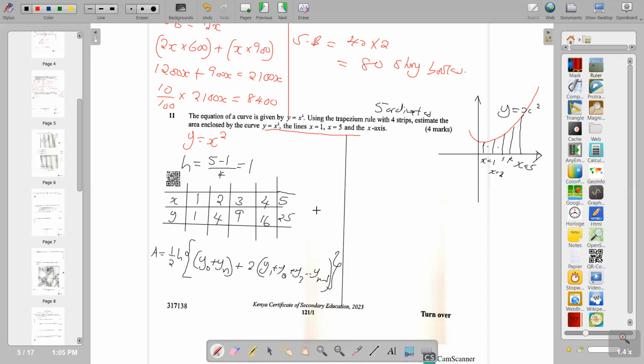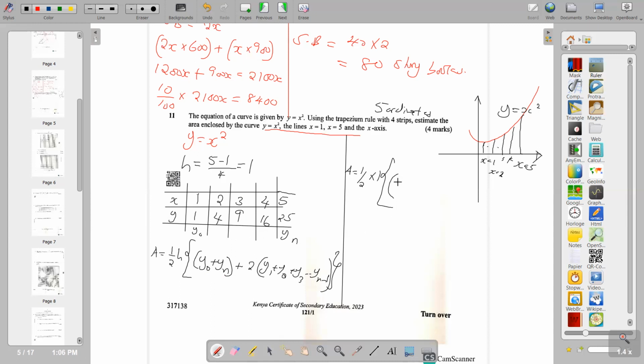So you just need to substitute. So we're going to have area A is equal to a half times 1. Remember, this one is our height, and then you have that small bracket. So we're going to add the first ordinate. Remember, it is this value. Now this one is our y0, and this one is our yn, and these are now the middle ordinates.